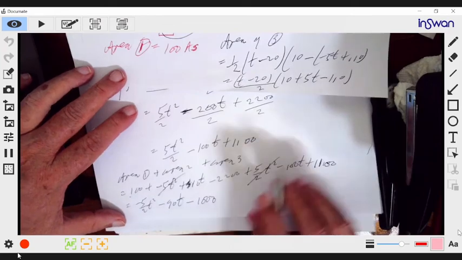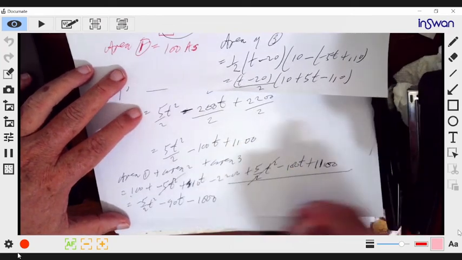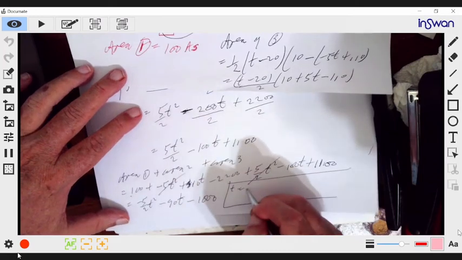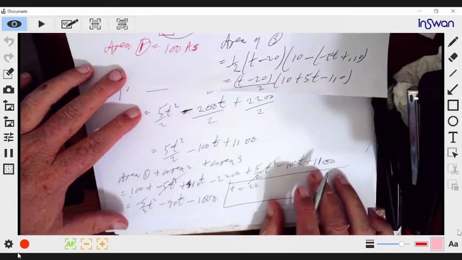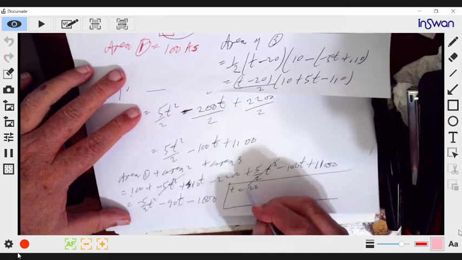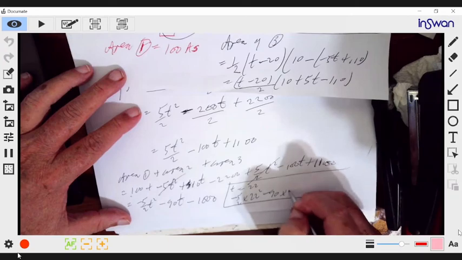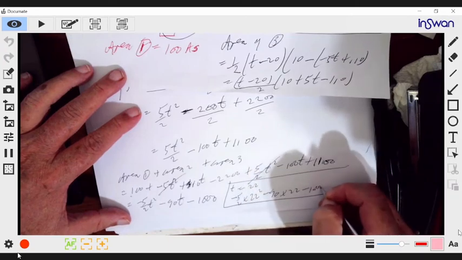Let me put 22 into that. T equals 22. How much area would that be? That'd be negative 5 halves times 22 squared minus 90 times 22 minus 1000.